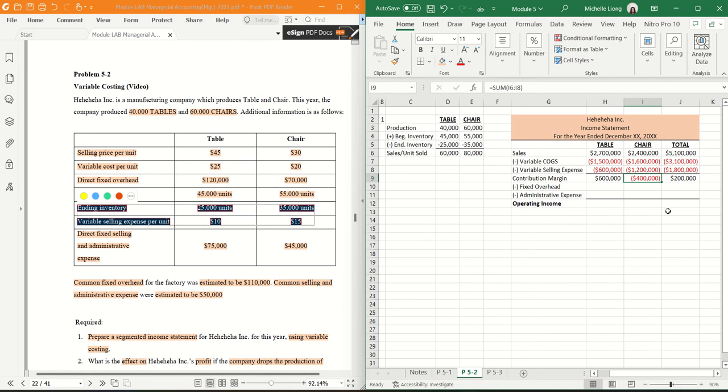Alright, well, let me see for a while. Okay, let's just put it that way. Okay, and then we have the fixed overhead. Wait for a minute. I'm just going to check it right away.